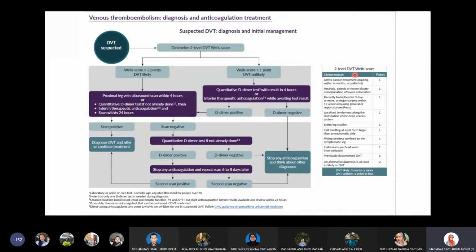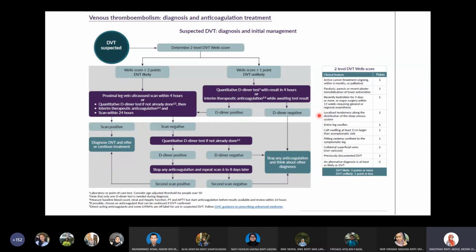There are several clinical features to determine whether the patient has deep vein thrombosis or not. The clinical features are whether the patient has active cancer, paralysis or immobilization, and other risk factors like being recently bedridden or having had any major surgery.